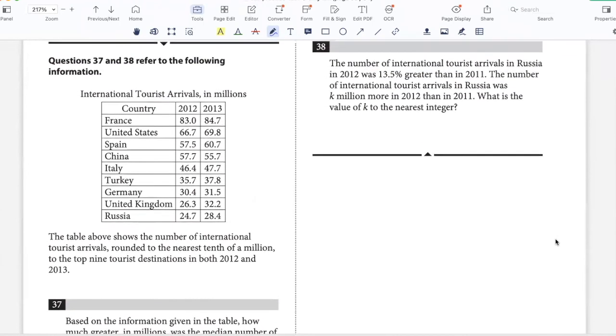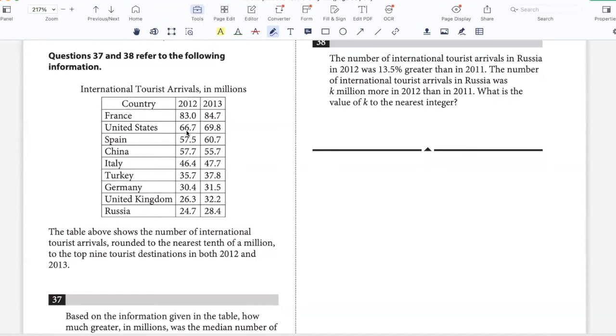Okay, so let's first find the median for 2012. I'll put them in ascending order, and the median for the 9 would be the fifth value. So this was 1, 2, 3, 4, 5.